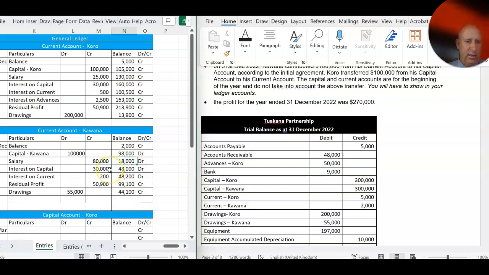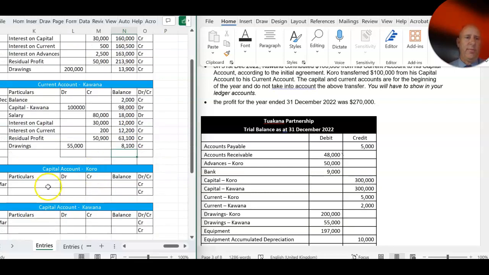We've got 18, and then is that right? We've got 98. Salary 18, 30 goes in, so that's going to be a credit there. And we can fill that down. It's got 8,000 in the end, so 2,000 becomes a debit. The salary reduces that, turns it back into a credit, 18 minus that 30, and then adding the 2, the 50, and taking away the 55.